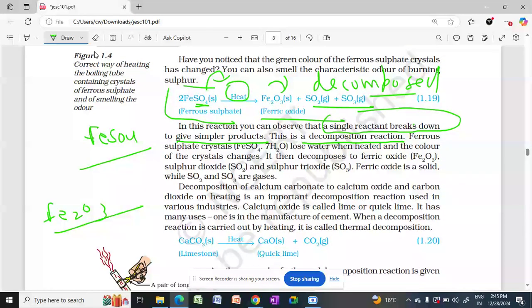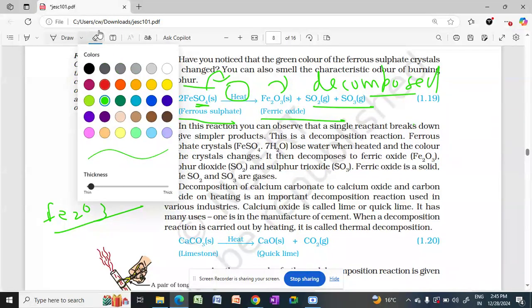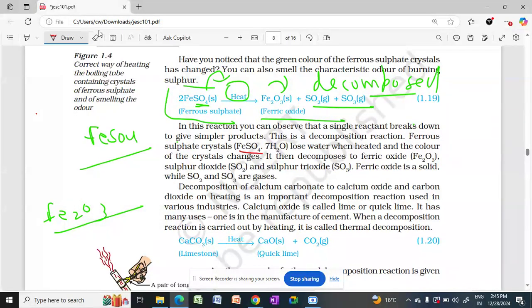So here let's read this point, no worries. What are the ferrous sulfate crystals? That is FeSO4 associated with 7H2O, FeSO4 dot 7H2O. So these ferrous sulfate crystals lose the water obviously when heated, and the color of the crystals changes.